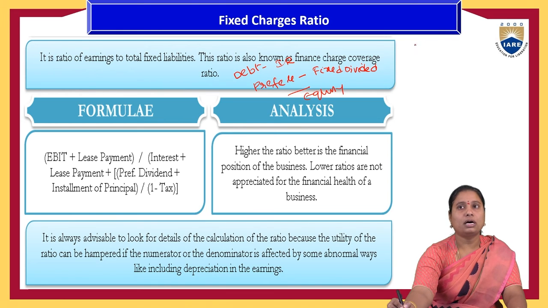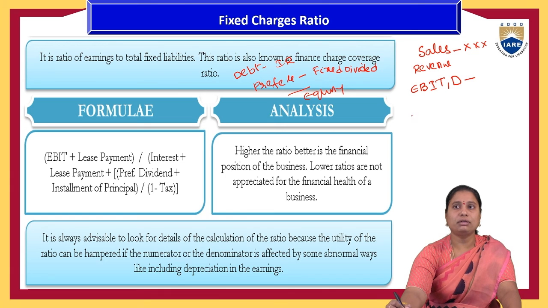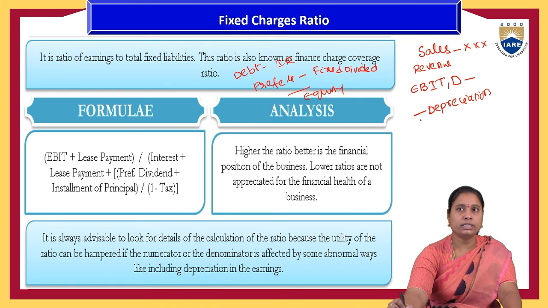For example, the organization has done the sales, then they will get the income, the sales revenue. This sales revenue is called the earnings before interest, tax, and depreciation of the organization. First they will deduct the depreciation from this, that is the assets reduction value they will take into consideration.